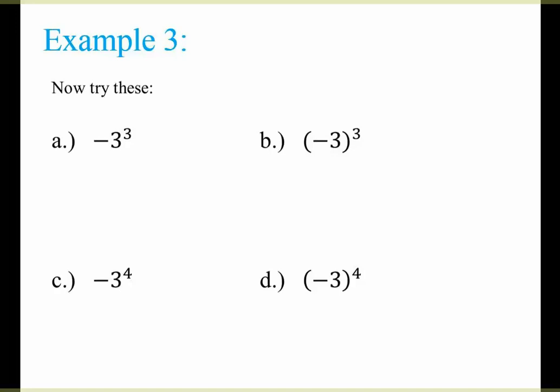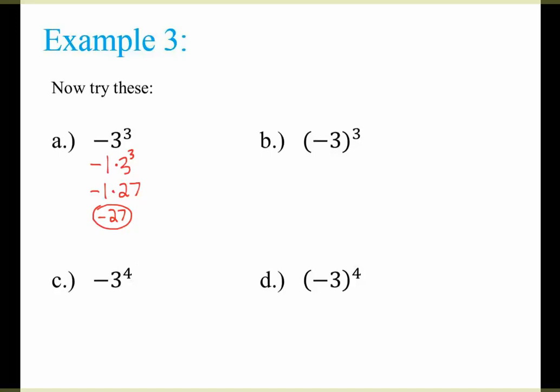Okay, let's see how you ended up. We do not have the parentheses, so this is going to be the opposite of 3 cubed. Hopefully you remember that 3 cubed is 27, so the opposite of 27, which is negative 27. Okay, contrast that with negative 3 quantity cubed.